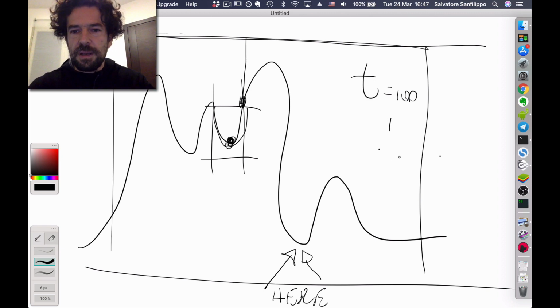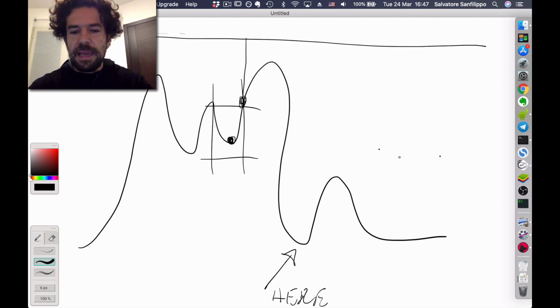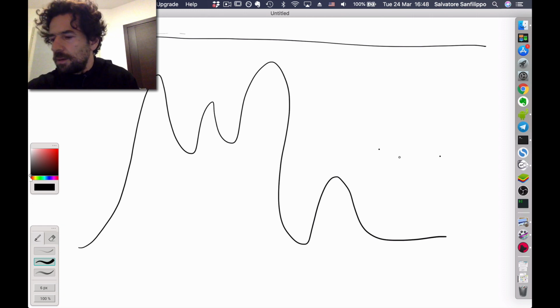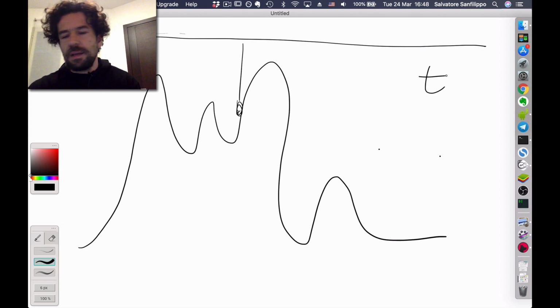For example, here my only parameter is basically the x-coordinate of where I launch my ball. I can start here, for example, and given that the temperature initially is very high, I am allowed to do big jumps in order to explore other possibilities.